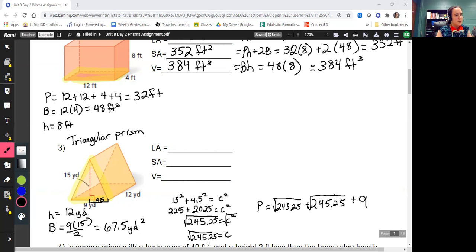And that gets us 40.32 yards for our perimeter.